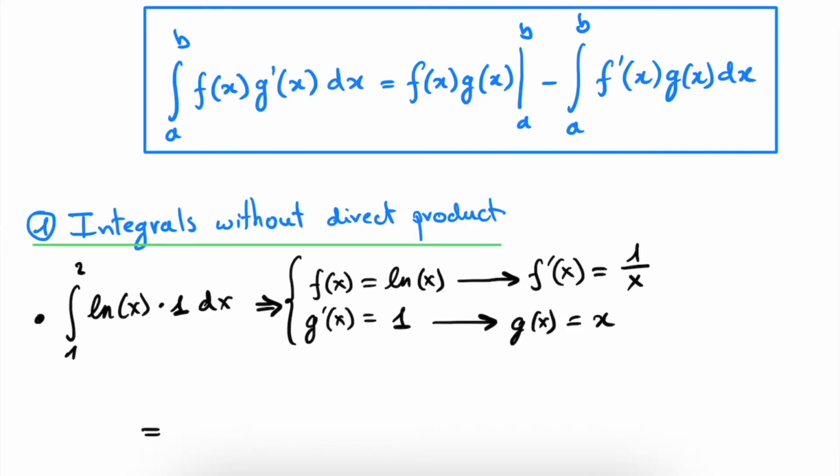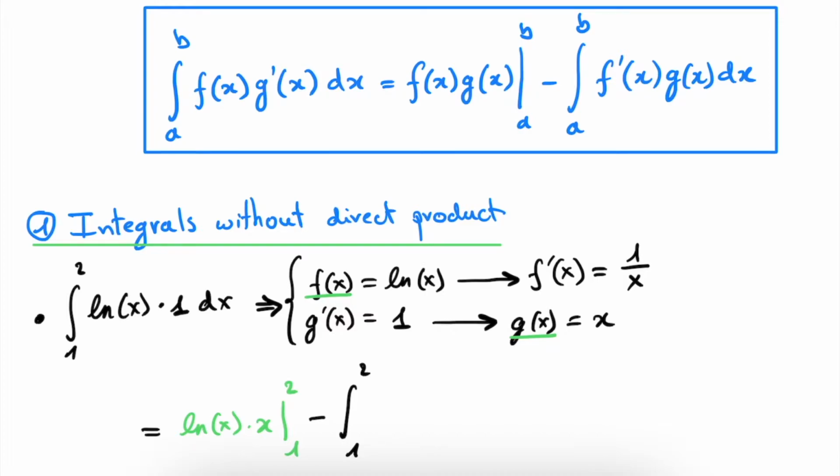We have that this integral of the ln of x is equal to f of x times g of x filled in the boundaries. So this means that we need the f of x and the g of x. So we get ln of x times x filled in at the boundaries 1 and 2. Then we subtract the remaining integral, which is this one, between the boundaries 1 and 2.